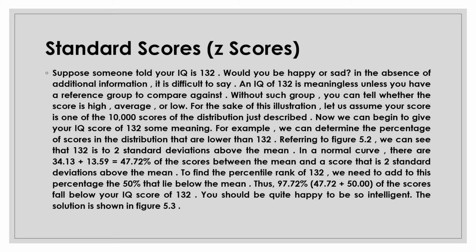To find the percentile rank of 132, we need to add to this percentage the 50% that lie below the mean. Thus, 97.72%, which is 47.72 plus 50%, of the scores fall below your IQ score of 132. You should be quite happy to be so intelligent. The solution is shown in figure 5.3.